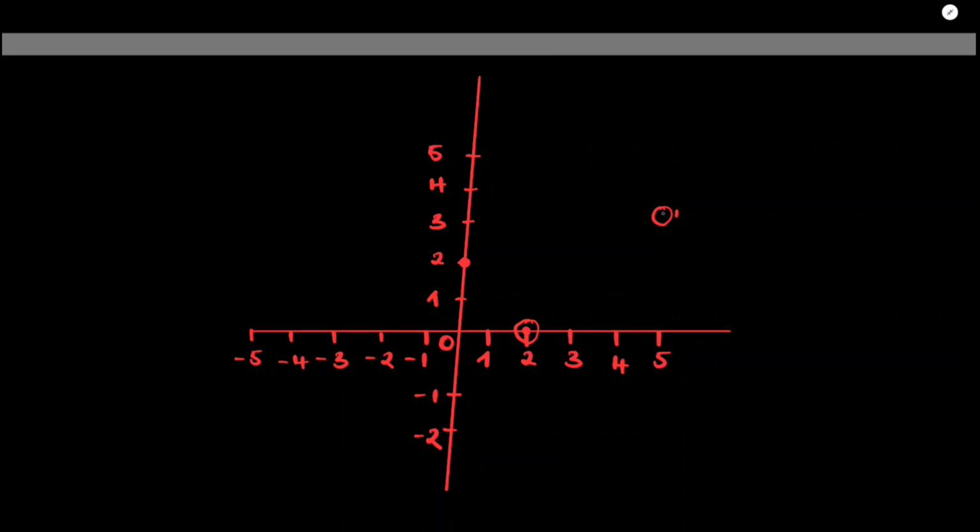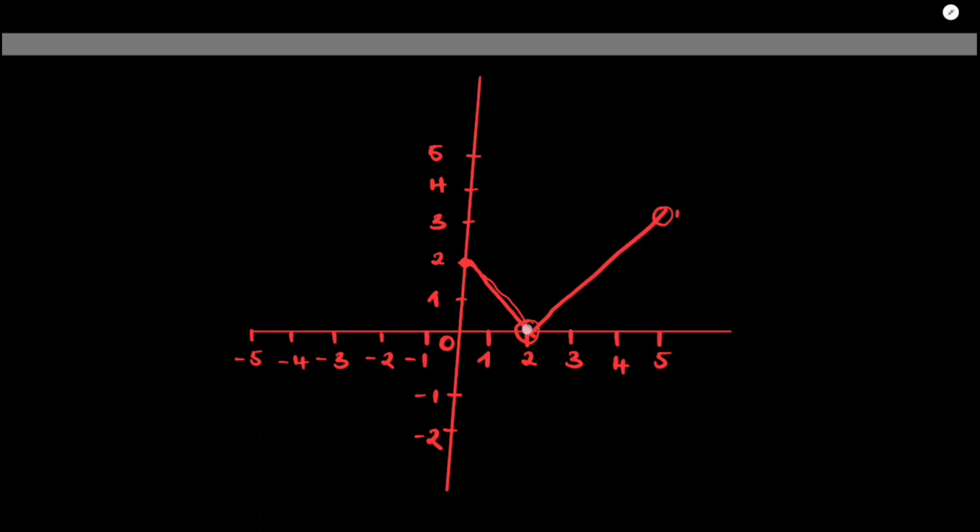So we are going to connect the points. And remember, our period here was 5, and it repeats every 5 units. So we are just going to repeat this graph to the left.